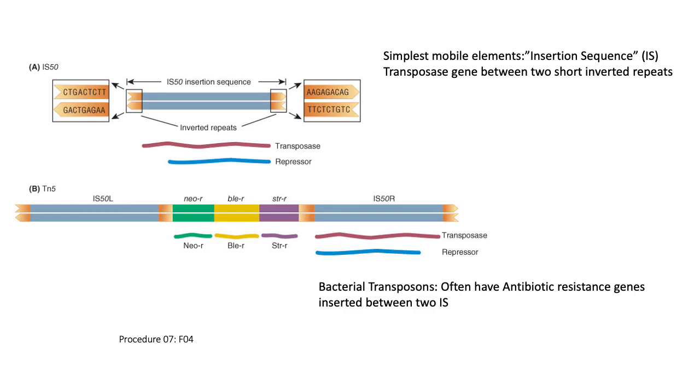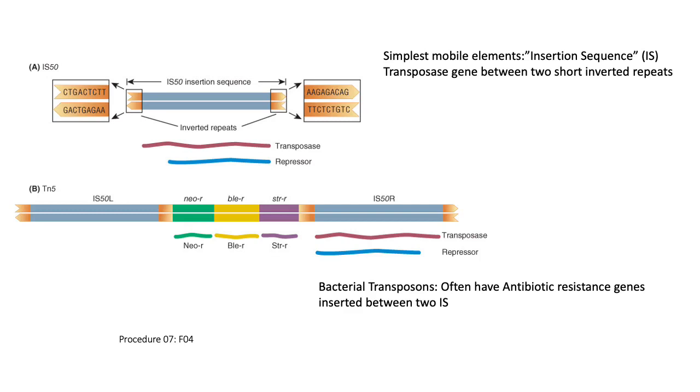Now, that's the top half. The bottom half of the image here has two of these insertion sequence things. So the insertion sequence is the stretch of DNA with the transposase gene and the two inverted repeat ends. Many transposons are actually tandem.